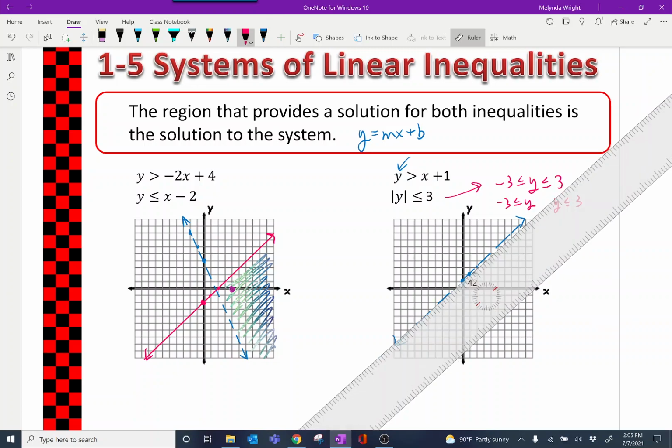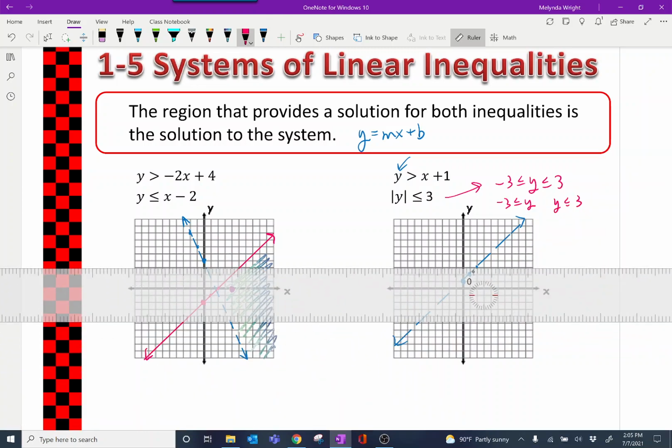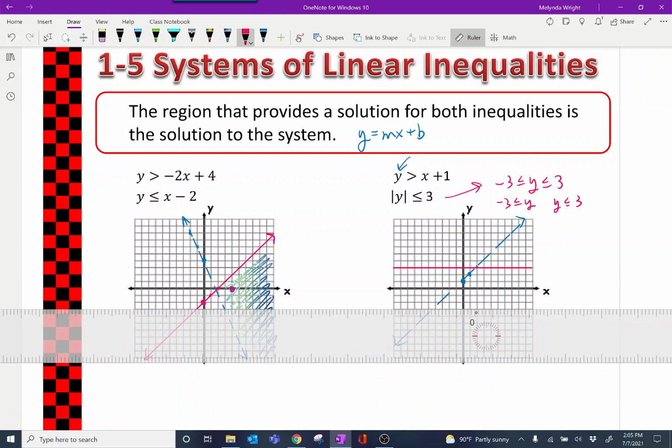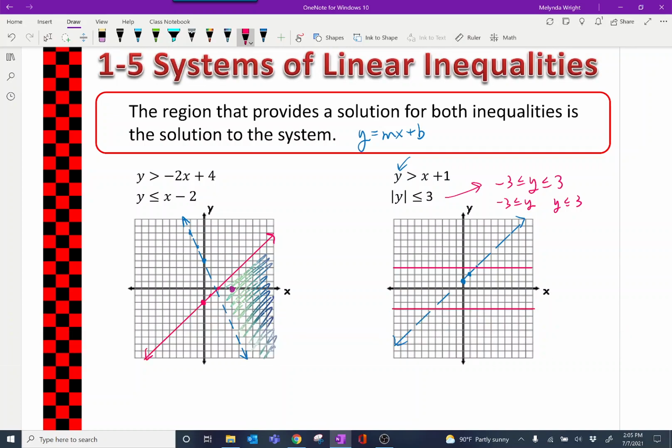So we need a line at 3, and it's going to be a solid line. And we need a line at negative 3. Okay, so we have both of our lines.